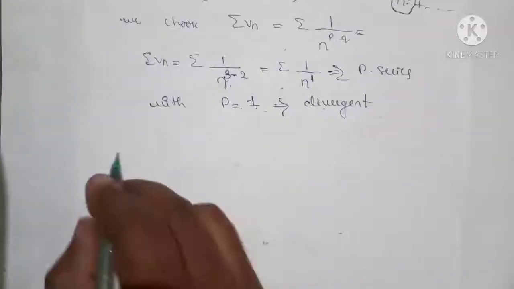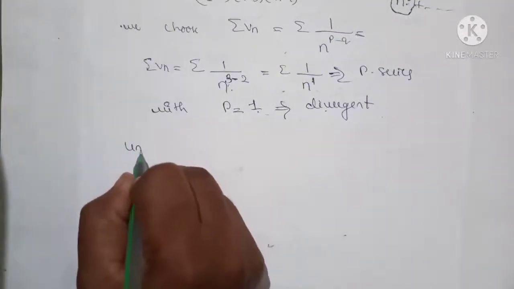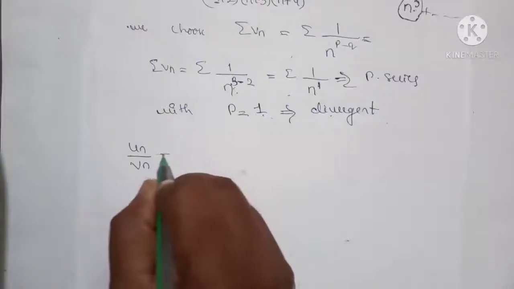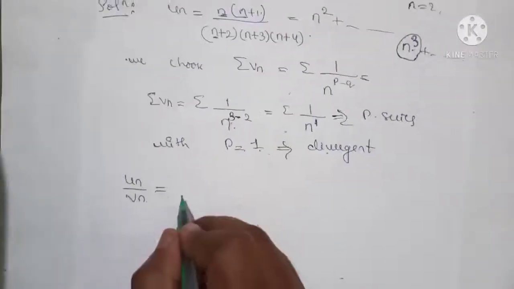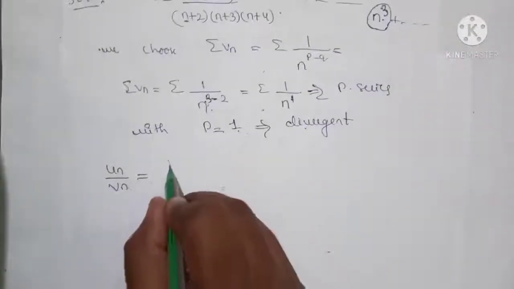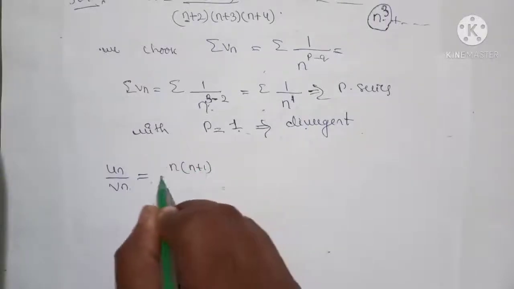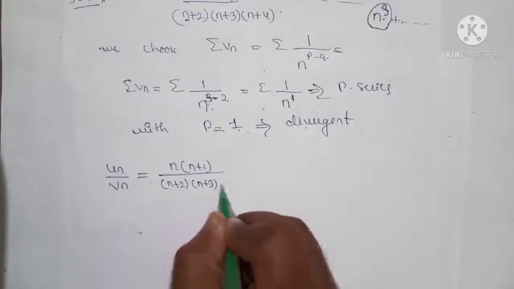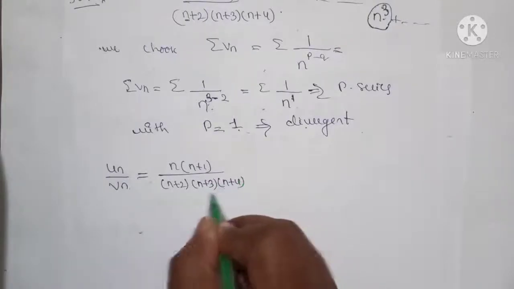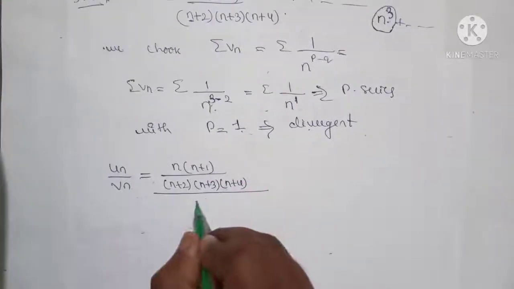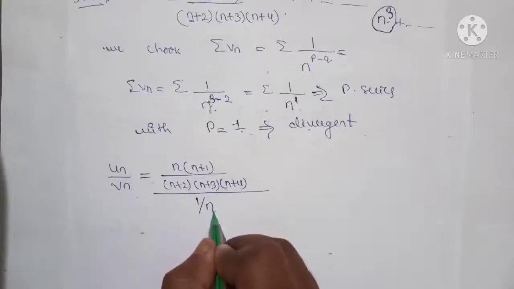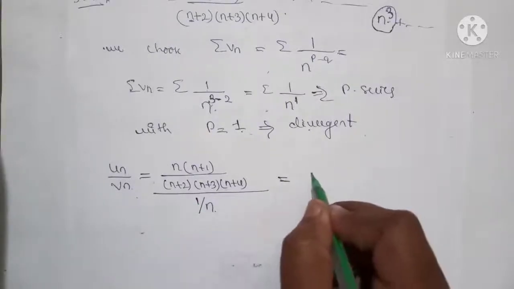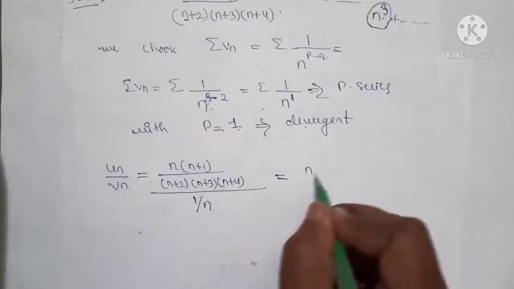So now we consider un divided by vn. un is equal to n into n plus 1 divided by n plus 2, n plus 3, n plus 4, all divided by Vn. Vn is what we have chosen as 1 divided by n, so it goes to the numerator.